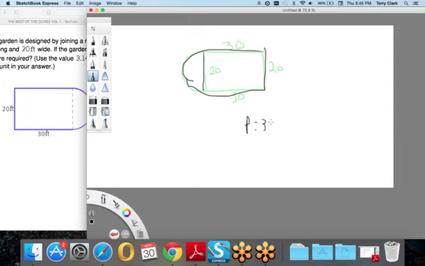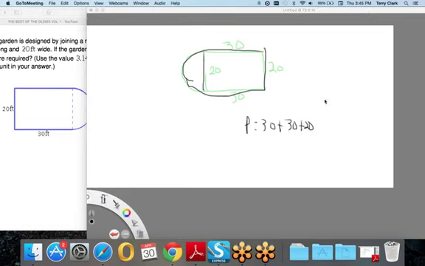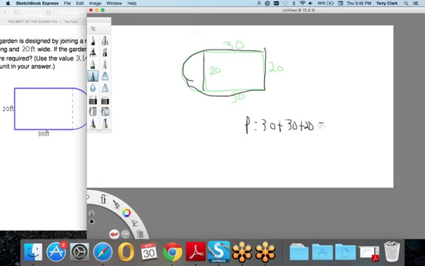So that's going to be 30 plus 30 plus 30 plus 20. That's going to equal 80. And that's the perimeter for the rectangle.